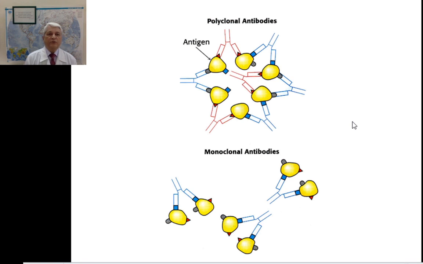So the problem was to force a lymphocyte somehow to live long, to produce the large clone of the cells, which can synthesize a large amount of monoclonal antibodies, which we can use for diagnostics, for treating of diseases, for scientific purposes, and so on. This problem was solved by two scientists.